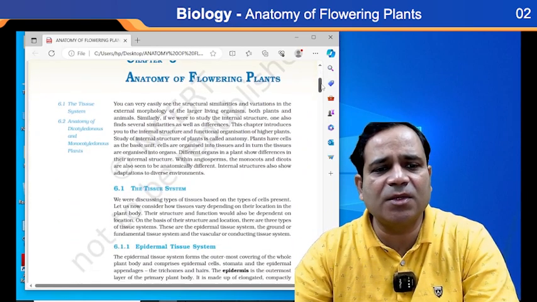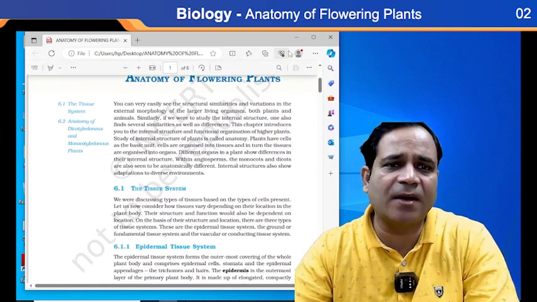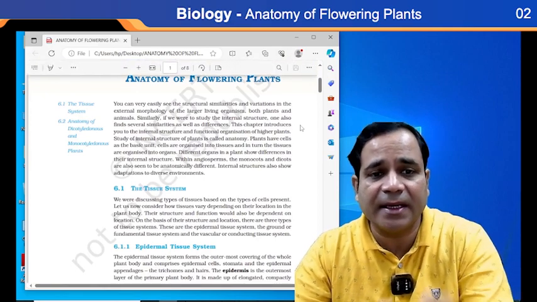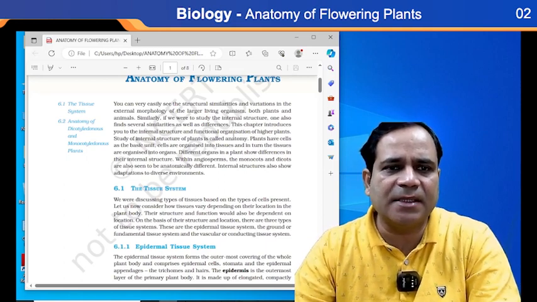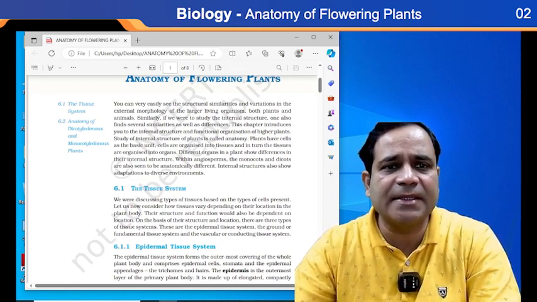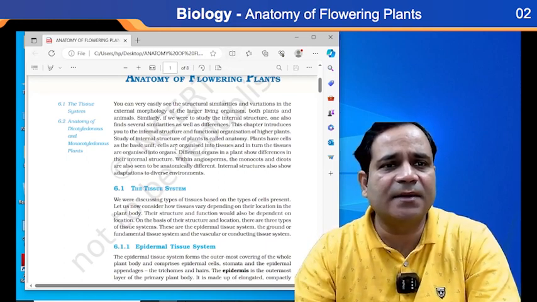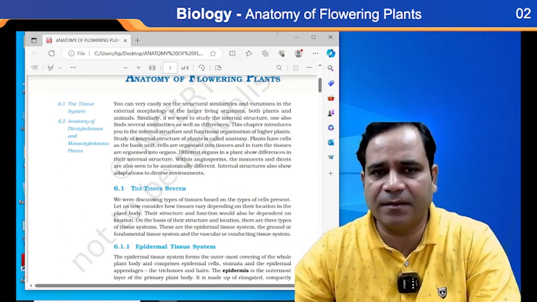So if I'm telling you about the anatomy of flowering plants, my dear, then according to the NCERT, the first term is what, my dear? Wait for a moment.